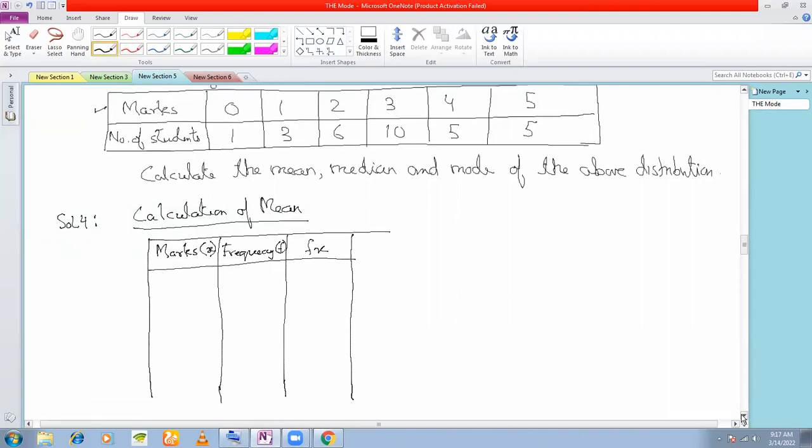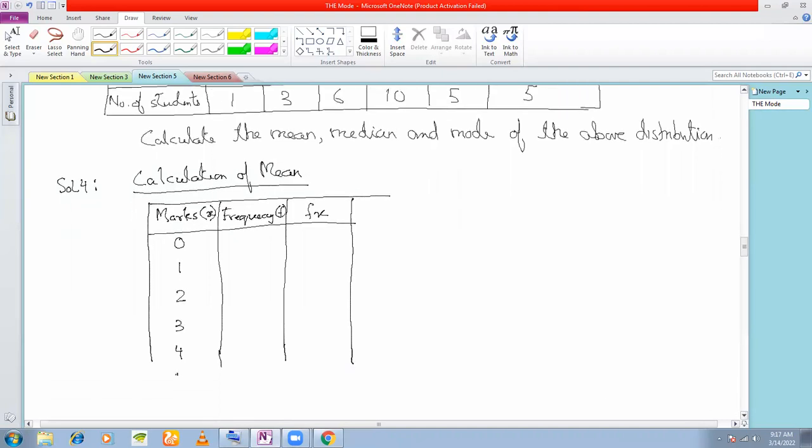Now we write down the corresponding observations. Marks we have 0, 1, 2, 3, 4, and 5.